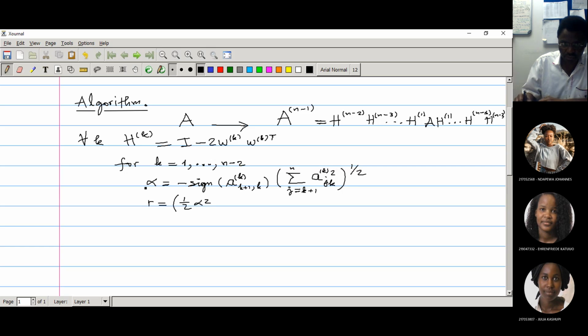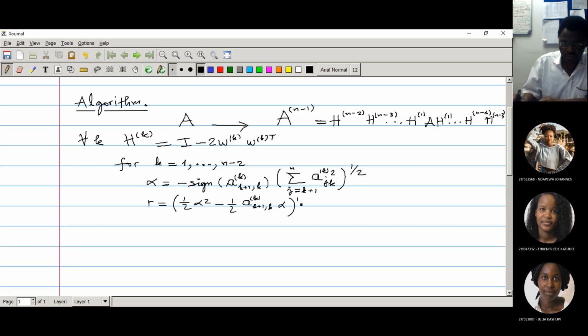That's why in that order you first compute alpha, and then 1/2 alpha squared minus 1/2 a k plus 1, k, that is this same entry, times alpha.